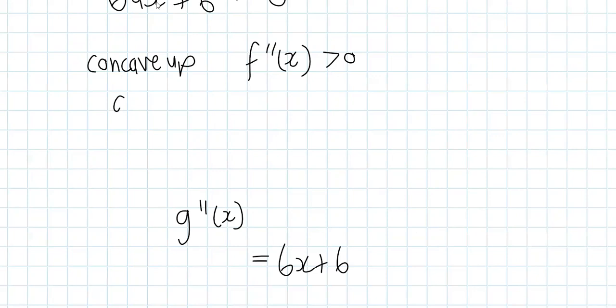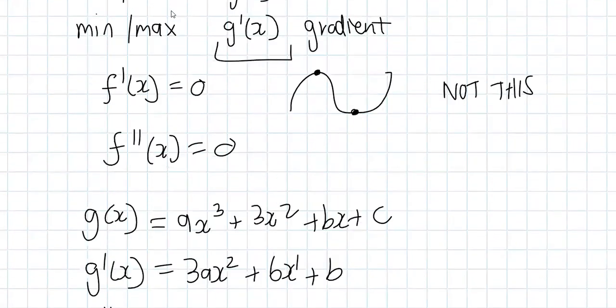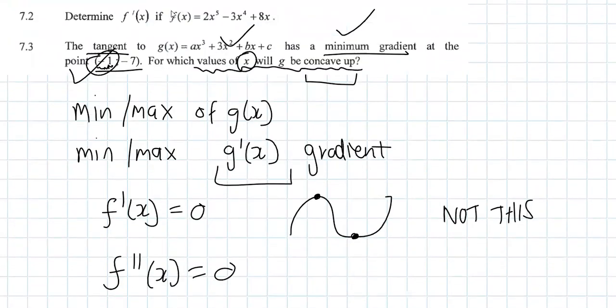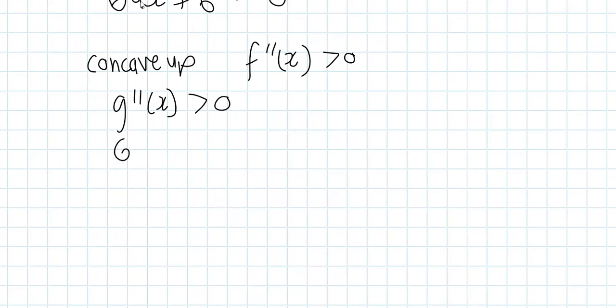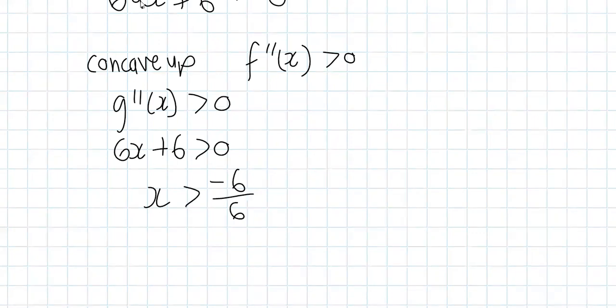So we can say g dash dash of x needs to be larger than 0. It needs to be positive for concave up, and that will give us the x values that we have been asked for. So g dash dash of x was 6x plus 6 larger than 0, minus 6 over 6x. So x has to be larger than minus 1 for the concave up.